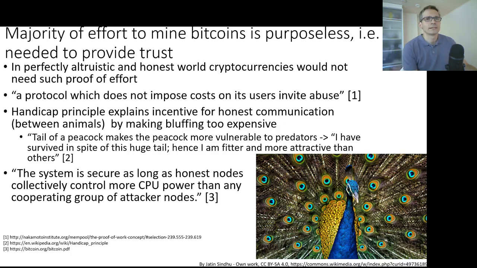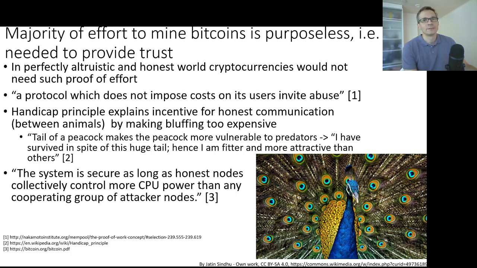Okay, we find ourselves at the core of Bitcoin, in the Bitcoin mining, and we find that the majority of effort to mine Bitcoin is purposeless. In other words, it's only needed to provide trust. In a perfectly altruistic and honest world, cryptocurrencies would not need such proof of effort.